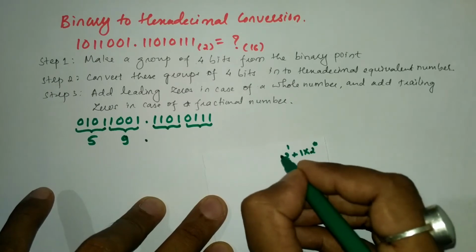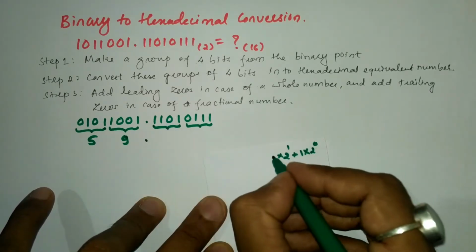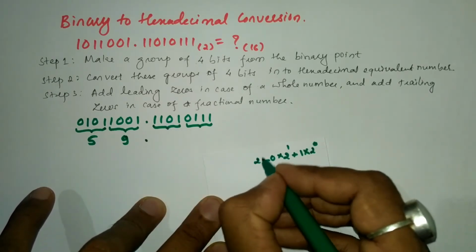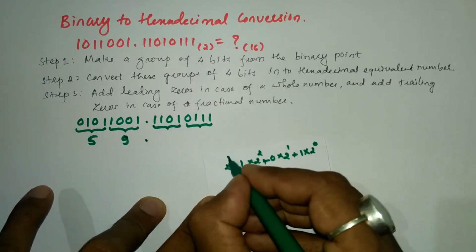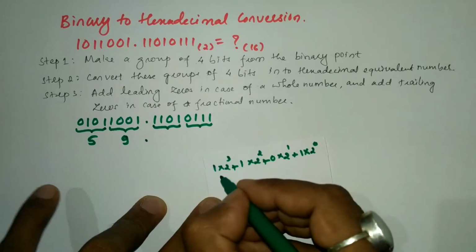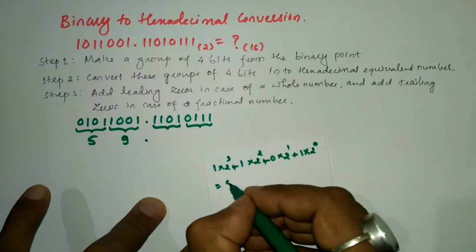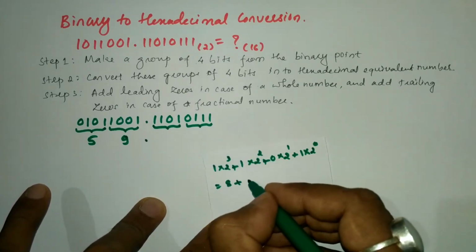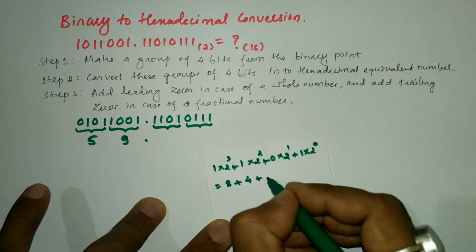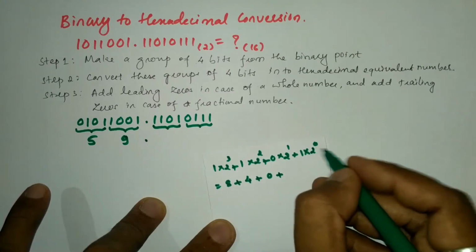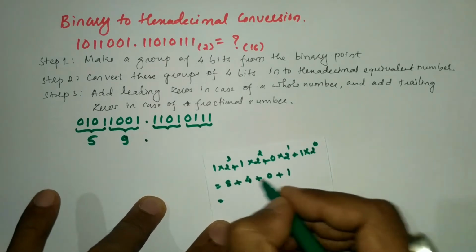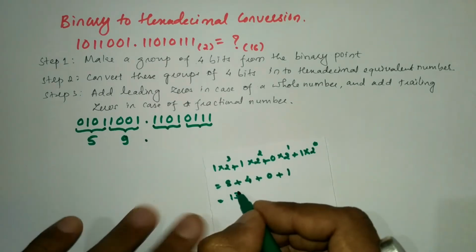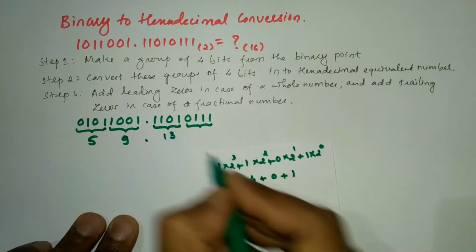Similarly 2 to the power 1 into 0, plus 2 to the power 2 into bit 1, plus 2 to the power 3 into the last bit 1. So 2 to the power 3 is 8, plus 2 to the power 2 is 4, plus 0 into anything is 0, plus 2 to the power 0 is 1, 1 into 1 is 1. Here it is 8 plus 4 plus 1 is 13. So here we are going to write 13.